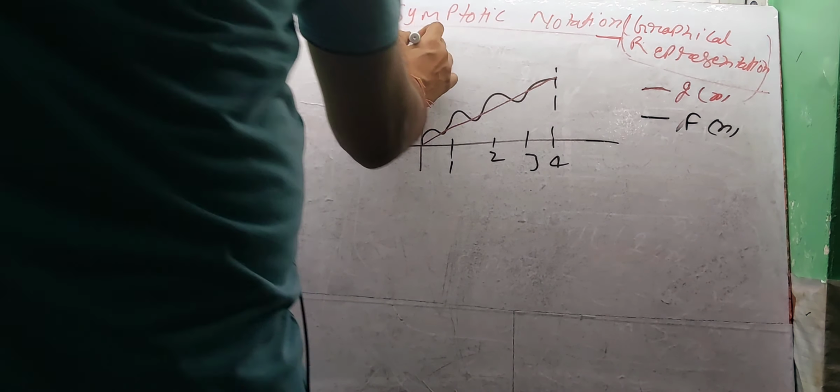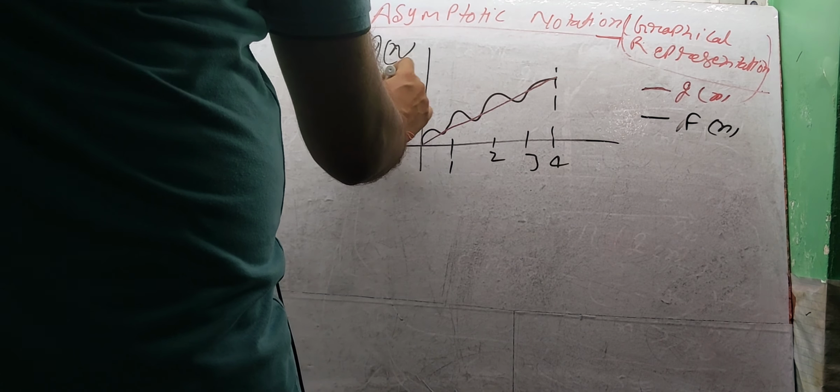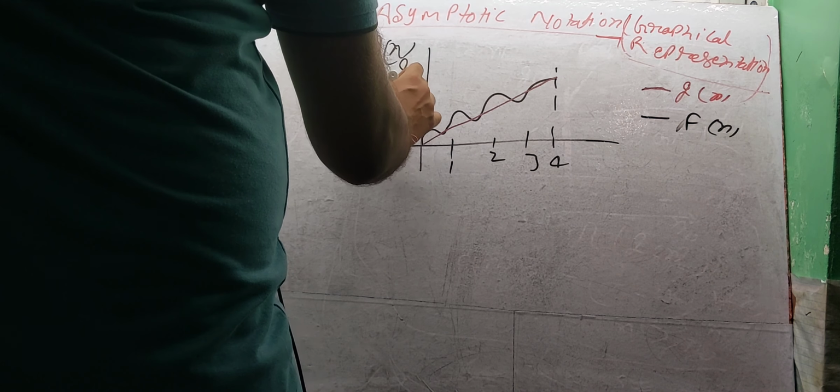Now we need to prove that we need to find some constant values c1 and c2, and also an n naught value, from which n naught, f of n is theta of g of n.